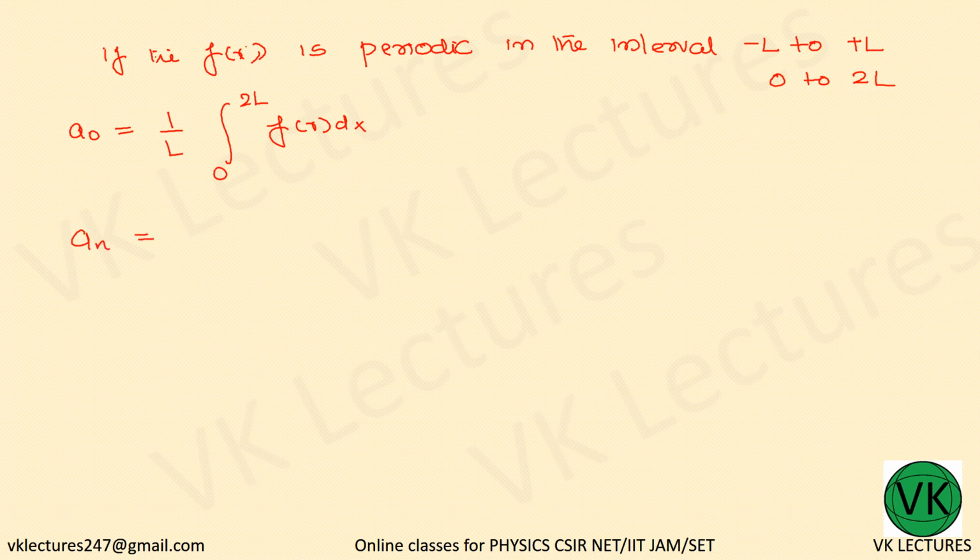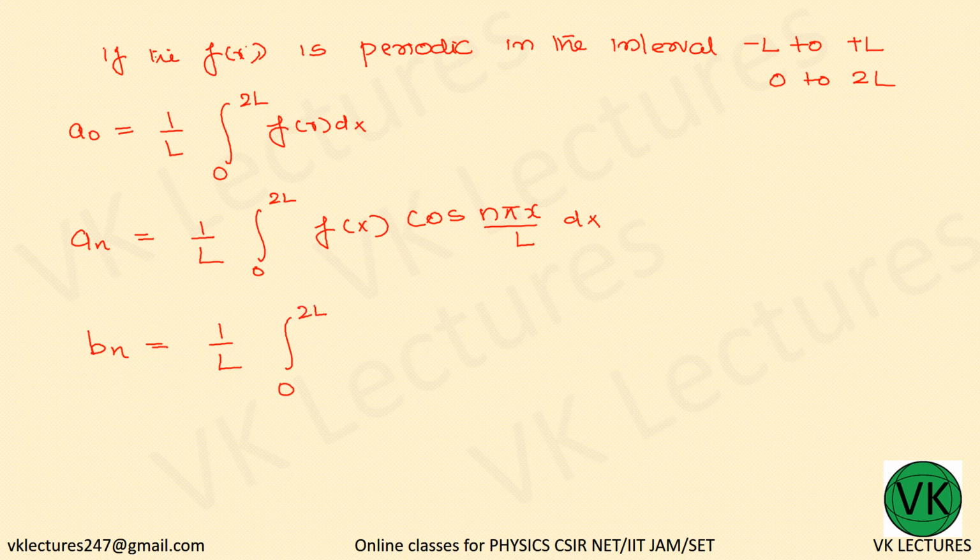An is equal to 1 by L integral 0 to 2L f of x into cos n pi x by L dx. Bn is equal to 1 by L integral 0 to 2L f of x into sin n pi x by L dx.